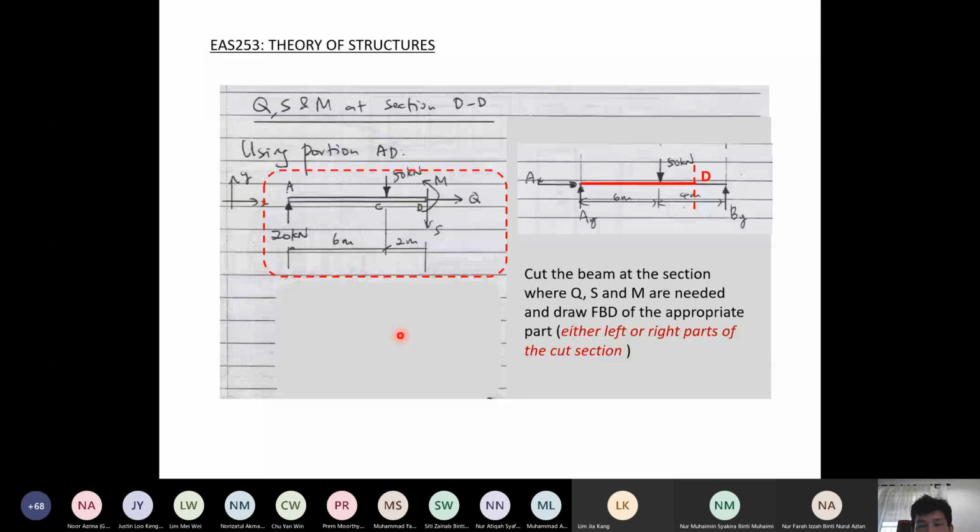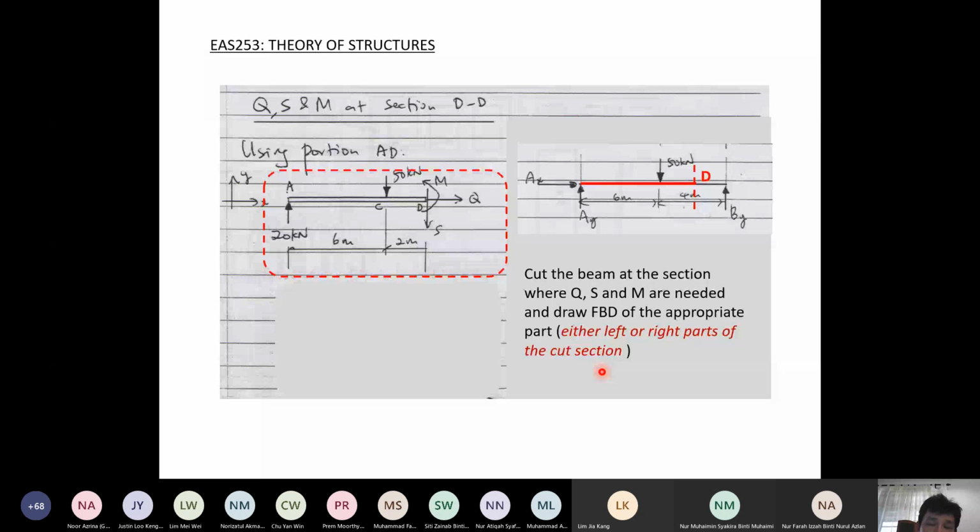So you have learned this, you cut the beam at the sections where the internal forces are required. Then when you cut the beam at the particular sections, the beam will be separated into 2 parts. So you can use the section's free body diagram. You draw the free body diagram for the part on the left hand side of the cut or on the right hand side of the cut.